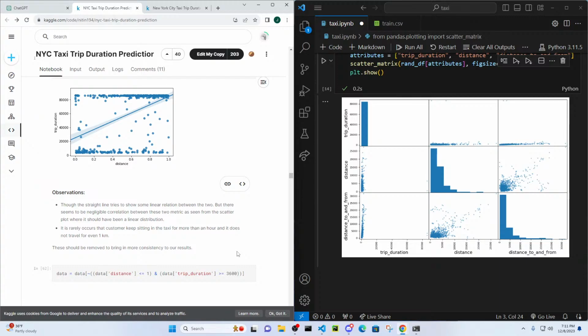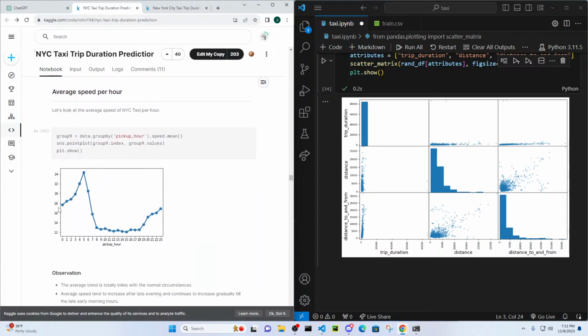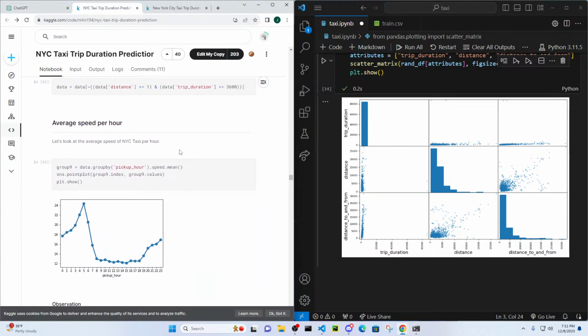Mm-hmm. So we go ahead and cut all these out, basically. Interesting. Average speed per hour. Let's look at the average speed of New York City taxis per hour. So we group by pickup hour, and we find the average speed per hour from midnight to midnight, basically.